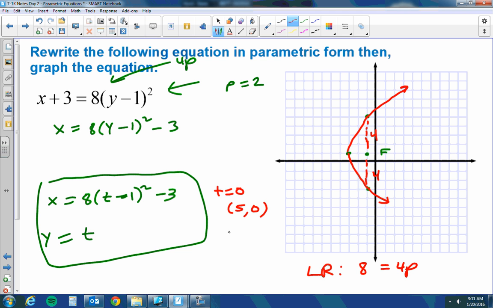Something doesn't compute. I mean, 5 comma 0 would be here, wouldn't it?